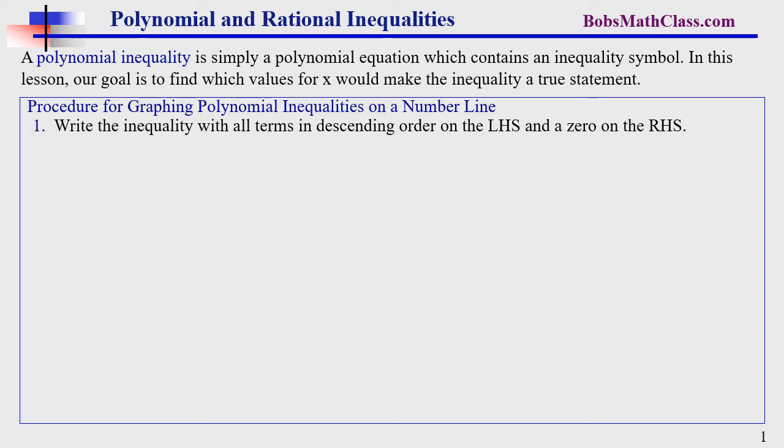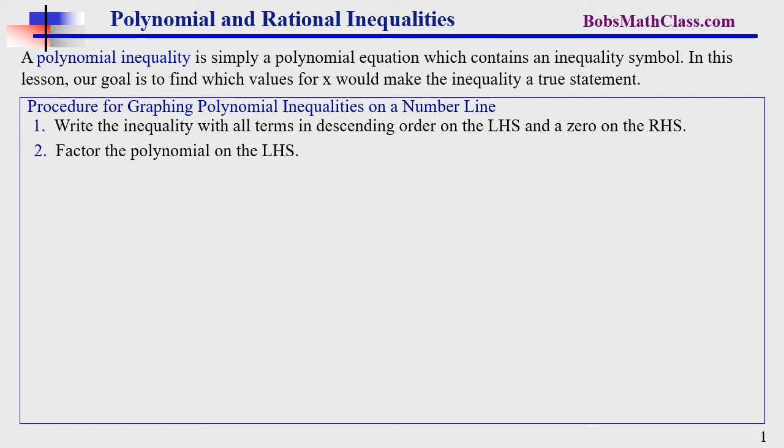So step one, write the inequality with all terms in descending order, so highest degree term to lowest degree term, on the left-hand side, LHS, and a 0 on the right-hand side. All right, so the x squared, and then the x, and then the constant, in that order. Or x to the third, and then x squared, and then x, and then the constant.